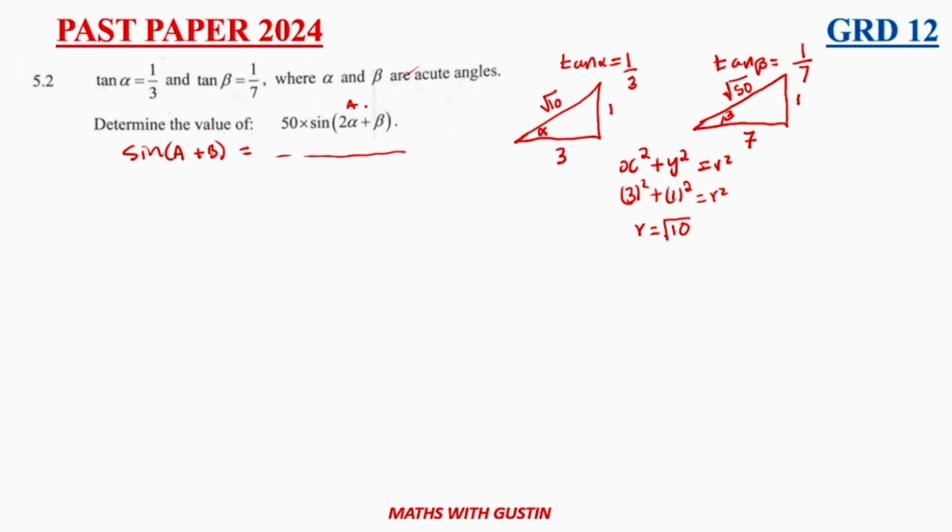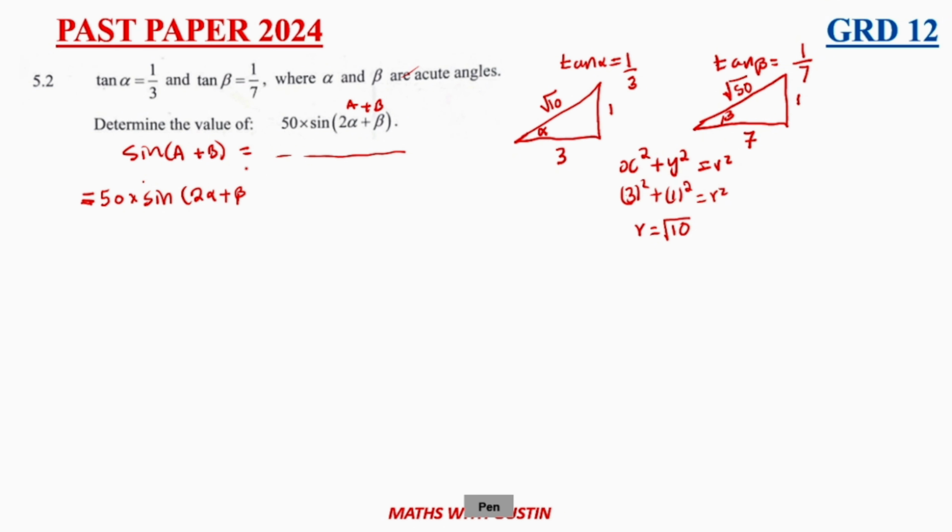If we think that this is A plus B, we need to expand it the same way. So it's going to be 50. Okay, I think we're going to leave 50 out of the bracket as it is now. So it's 50 times sine, let me just write it down here properly, 2 alpha plus beta.